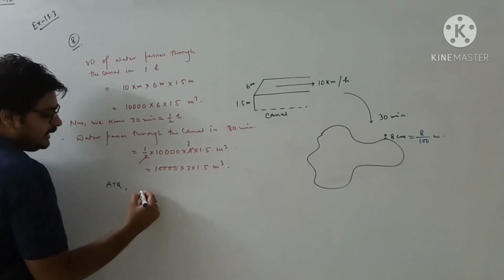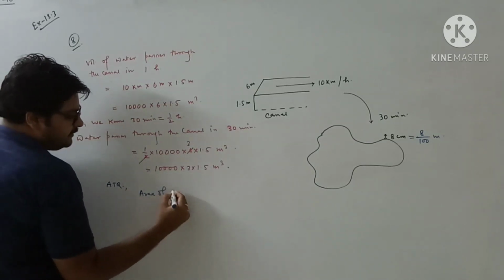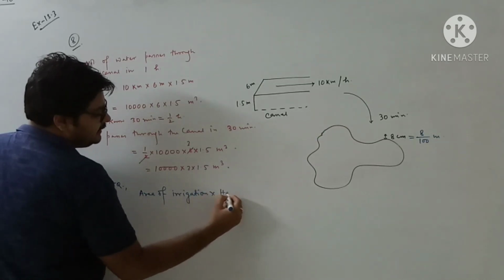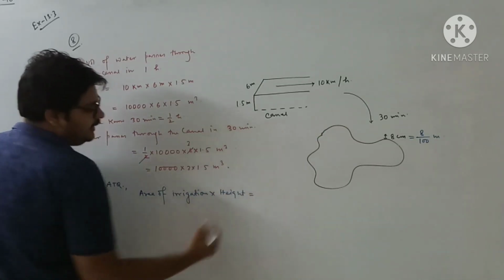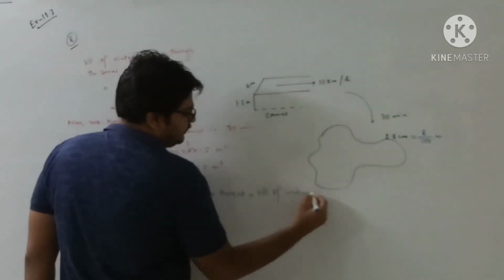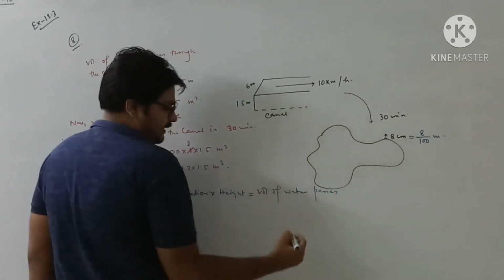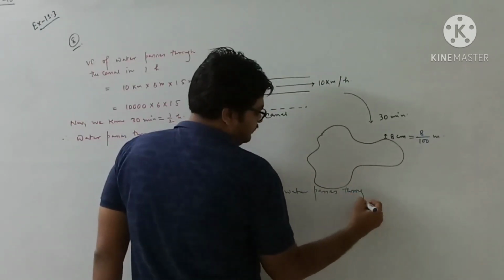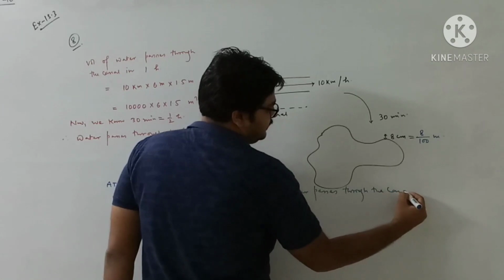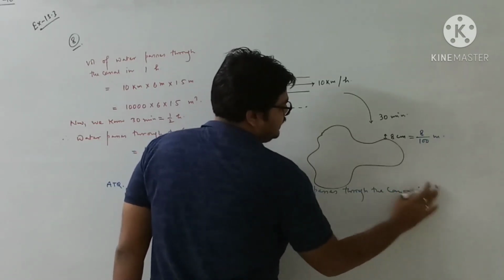According to the question, area of irrigation into height is equal to the volume of water passing through the canal in 30 minutes.